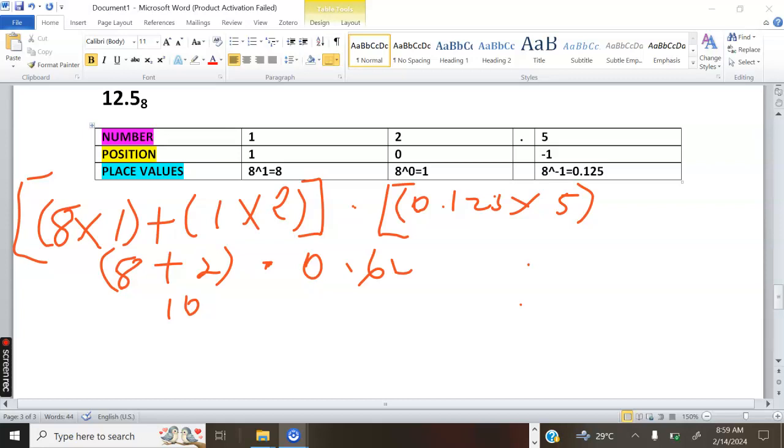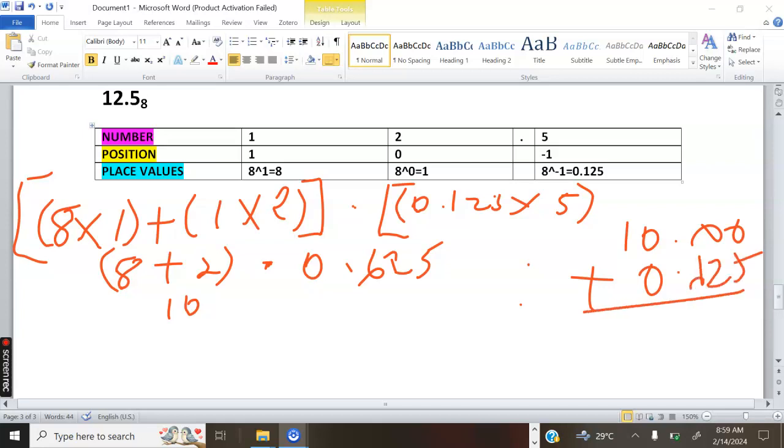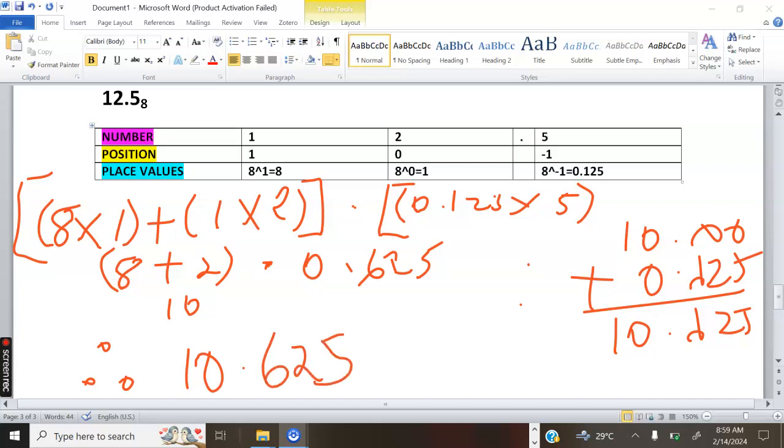Then you add the 10.000 plus 0.625, which should give you 10.625. Therefore, the answer for this one will be 10.625 base 10.